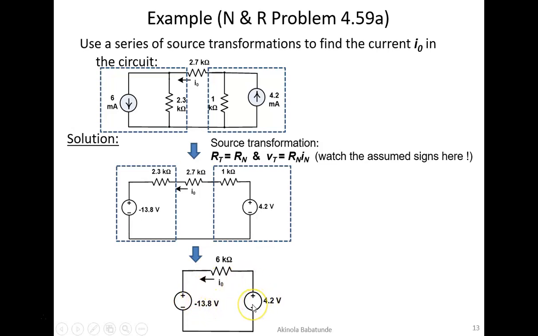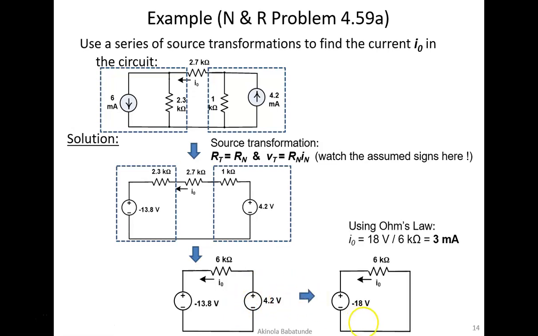In this particular case, the smaller voltage would be 4.2 and the larger is 13.8. This negative sign here represents the fact that current is actually flowing in the opposite direction. So we have minus 13.8 minus 4.2, and that gives us minus 18 volts. We have minus 18 volts right here.